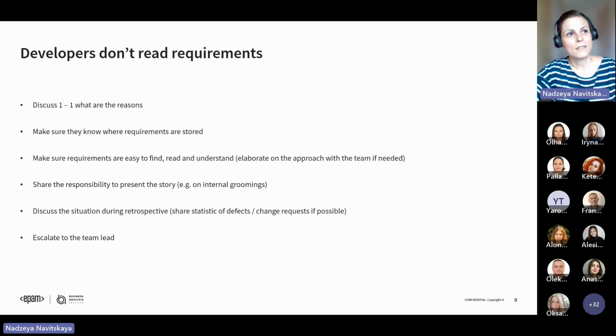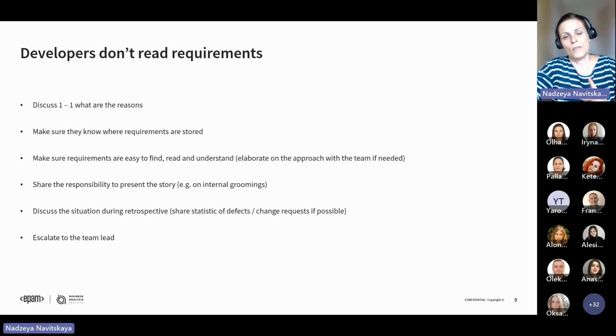They never read requirements and stories in advance. They didn't discuss them properly on internal groomings. They were just fine with everything. They took some stories to sprint, started to develop, and after that, oh my God, so many questions appeared.